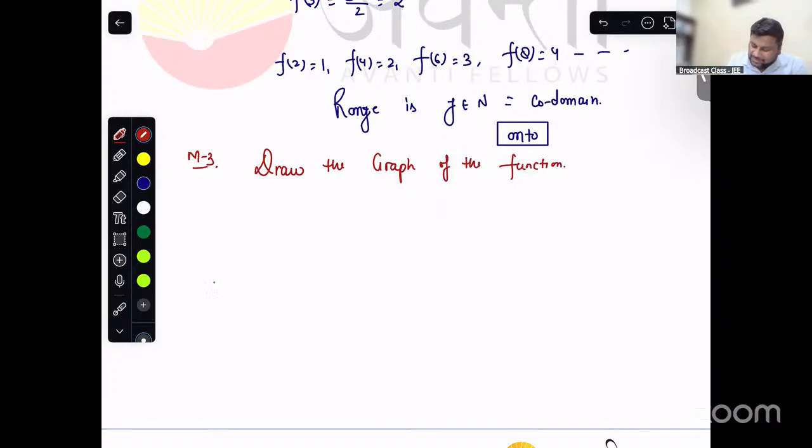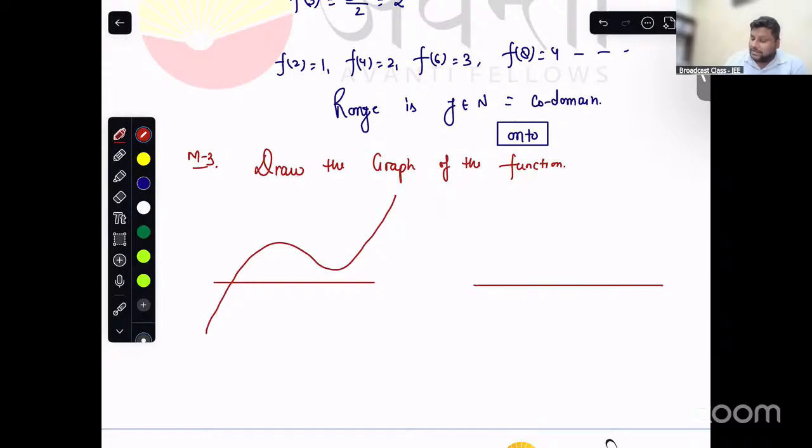There is a possibility that the graph you have drawn is something like this. And there is a possibility that the graph you have drawn is something like this. What is the difference in these two graphs? This graph is always increasing. This is not always increasing.